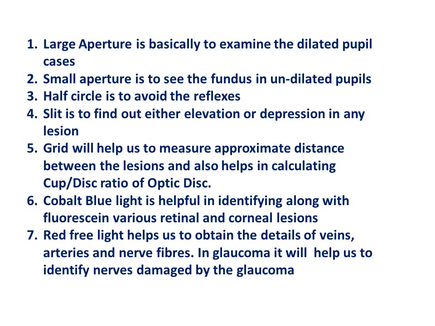You must remember from the earlier slides that it will help in identifying the media opacities of the anterior segment, and here we are coming to know that the corneal lesions can also be assessed with the fluorescent dye by using cobalt blue light of direct ophthalmoscope. So these are the 2 points that have to be mentioned in case you are asked what are the occasions wherein it can be used for the examination of the anterior segment also.